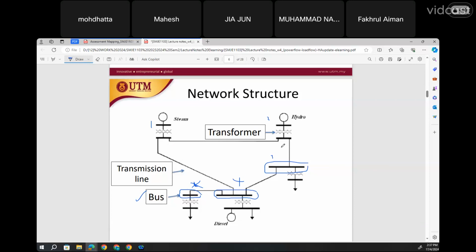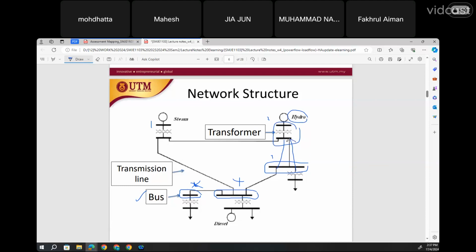Same goes to what you have over here. Maybe you can say that all this can also be connected to this. However, let's say this is hydro, and the transformer might be located near the hydro station. And from the hydro station, we have a transmission line.